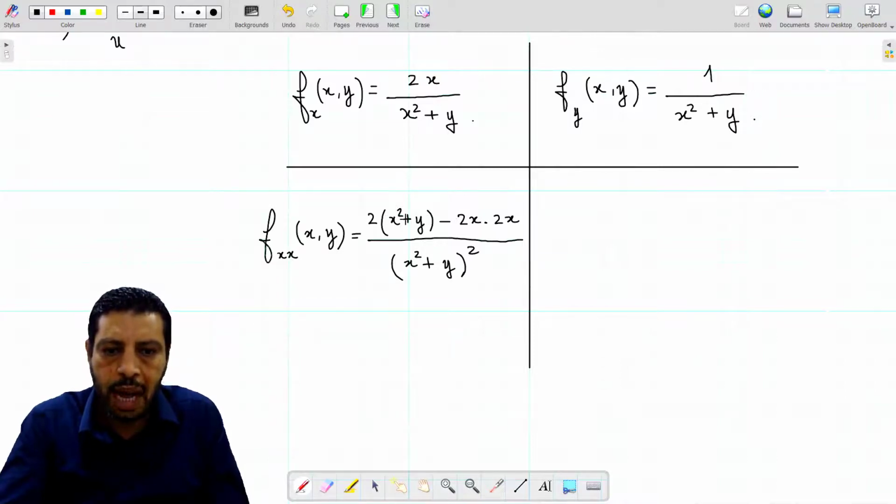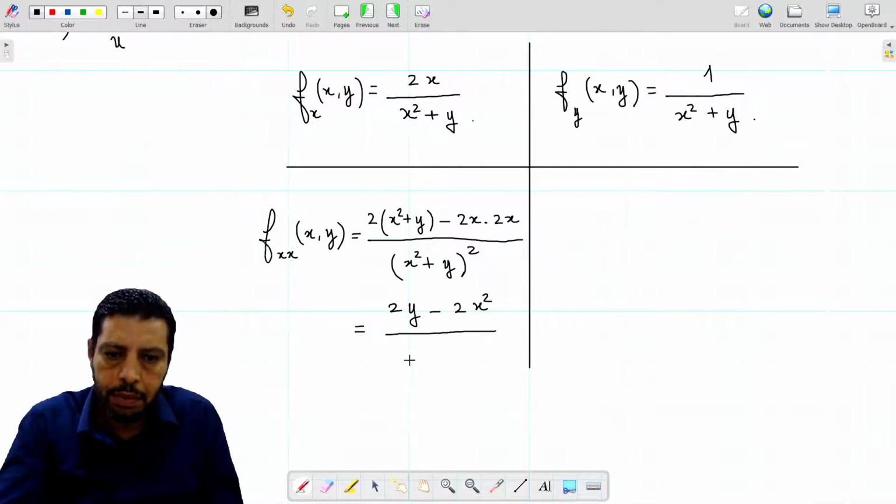So it's u prime v minus v prime u over v squared. So, of course, you can simplify this expression. It's 2x squared plus 2y minus 4x squared. So, the result will be 2y minus 2x squared over x squared plus y squared.